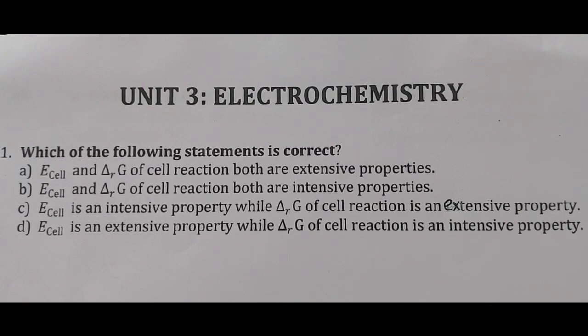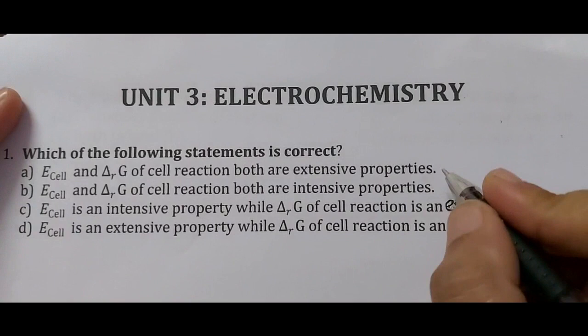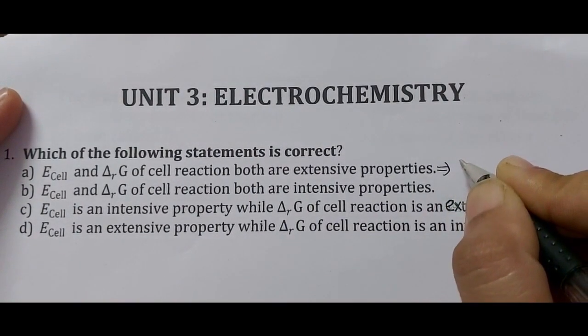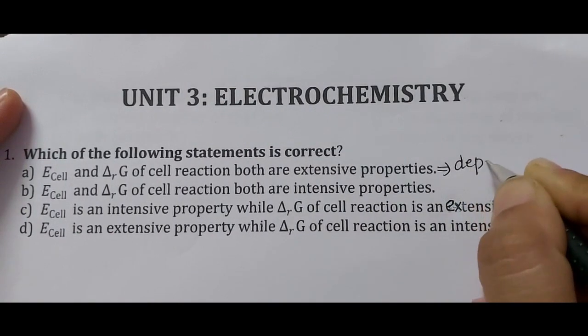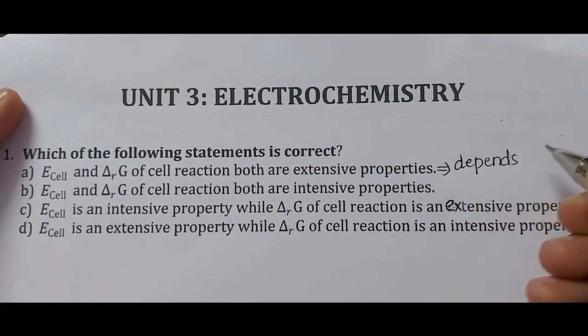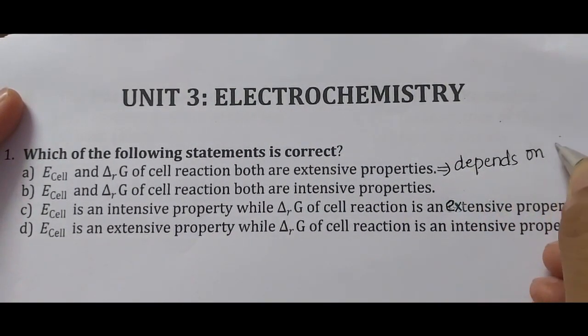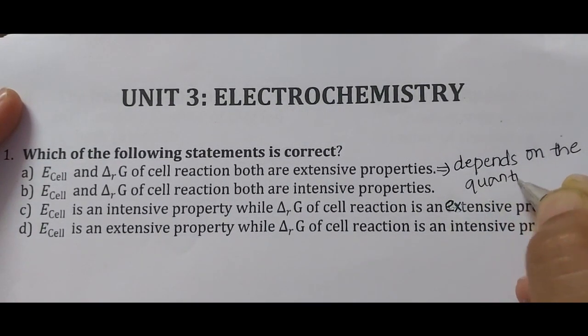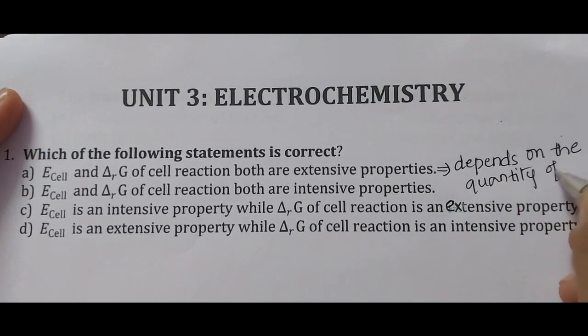So before finding out the answer, the meaning of the term extensive property is that it depends on the quantity of matter present in the system.